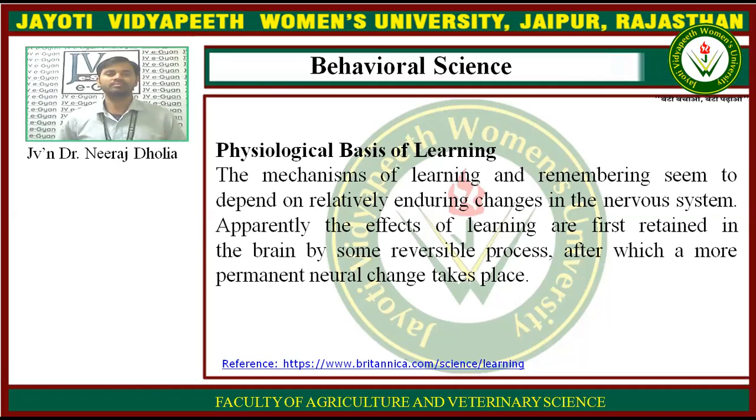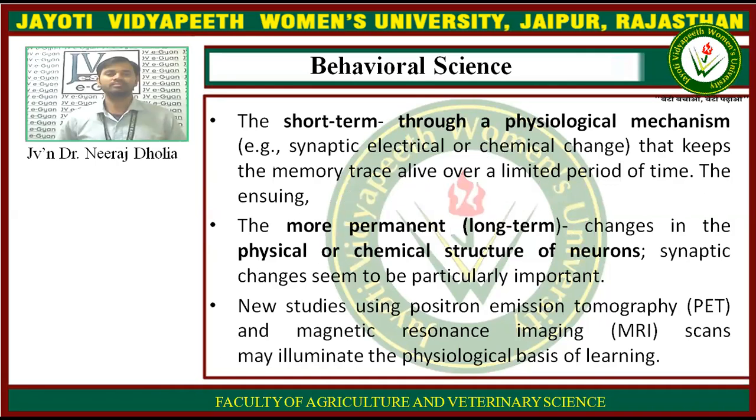What is written here is that apparently the effects of learning are first retained in the brain by some reversible process, after which a more permanent neural change takes place. So two types of learning are there: short term and permanent learning.